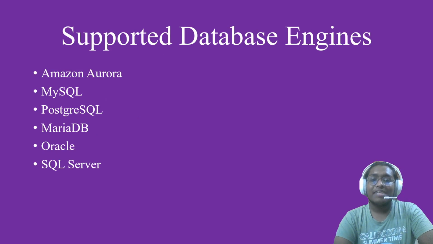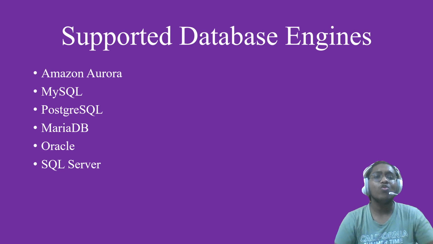One of the great things about RDS is that it supports multiple database engines, so you can choose the one that best fits your needs. Here are the database engines supported by RDS.